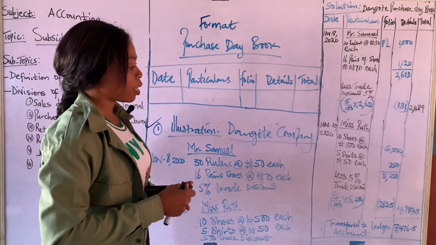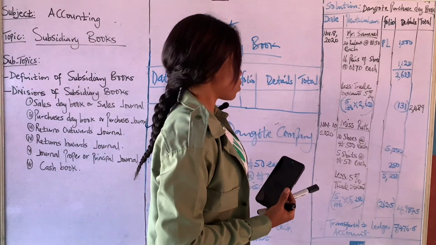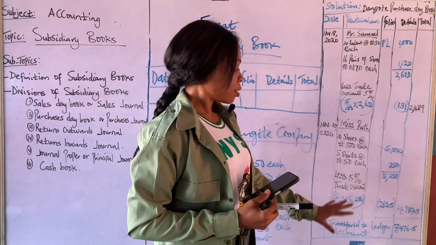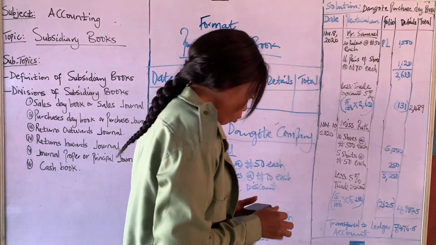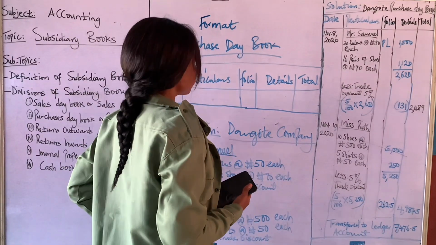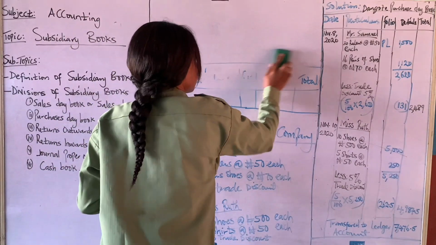So let's see how we can now post it into the ledger account. Remember, under this, we are going to look at 2 accounts under the ledger. Just follow me, you get it. All right, so let's quickly look at how it is being done.